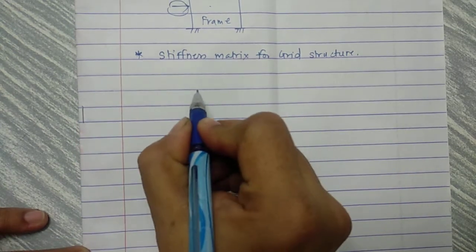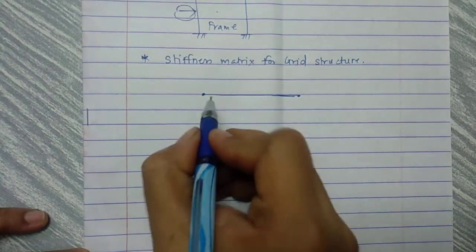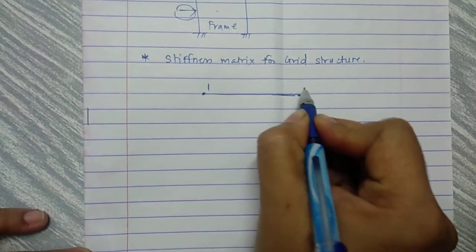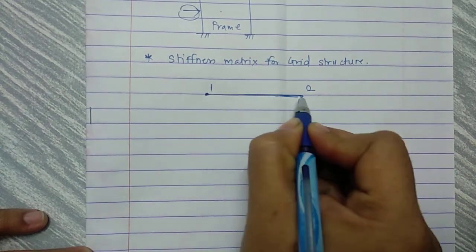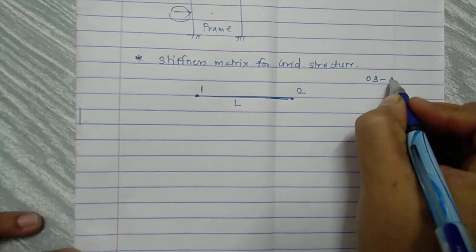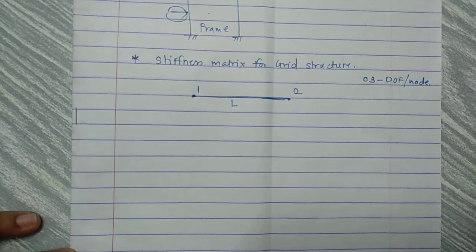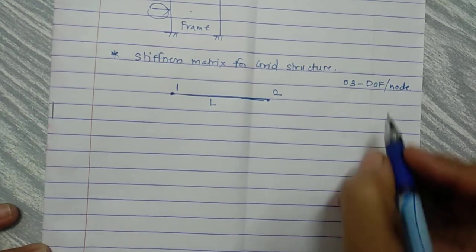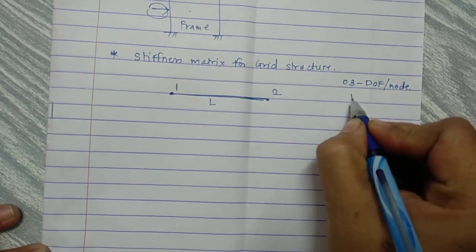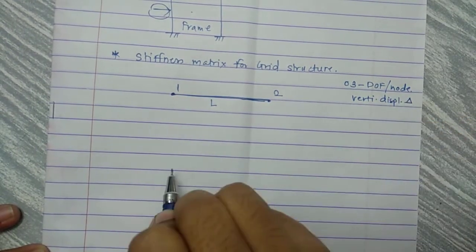very first we will consider the individual member, having node 1 and node 2. The length of that member is L. Now for grid structure, remember there are 3 degrees of freedom per node. Those degrees of freedom are: one is vertical displacement, delta.